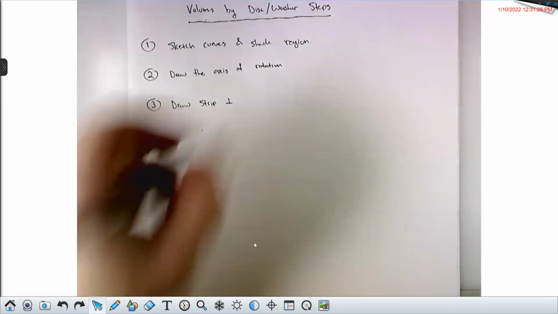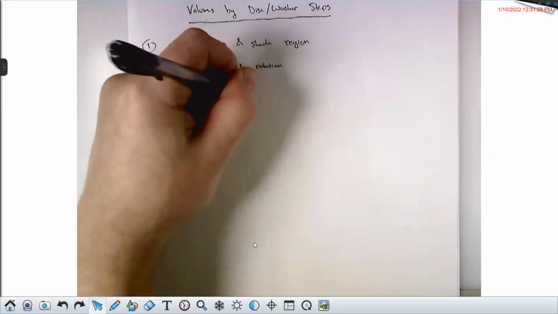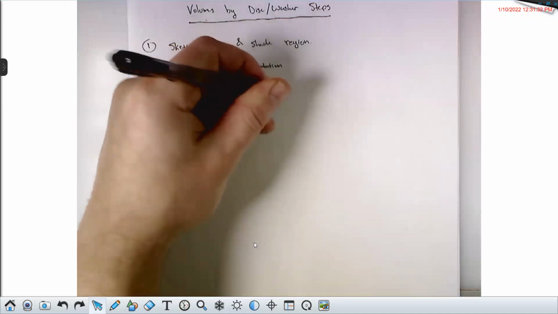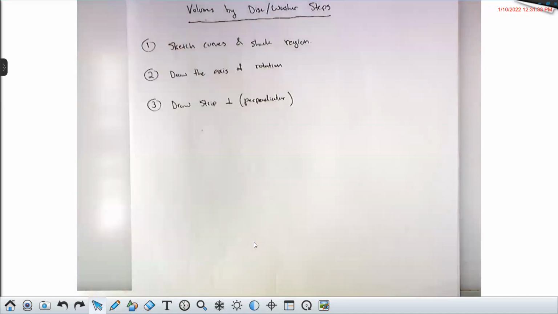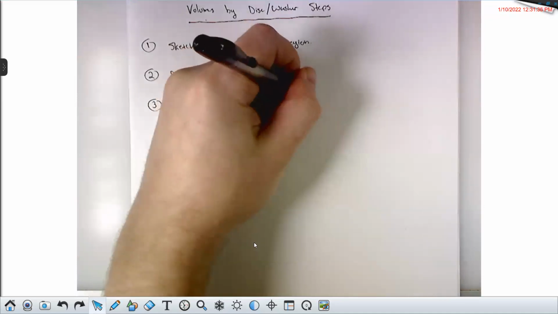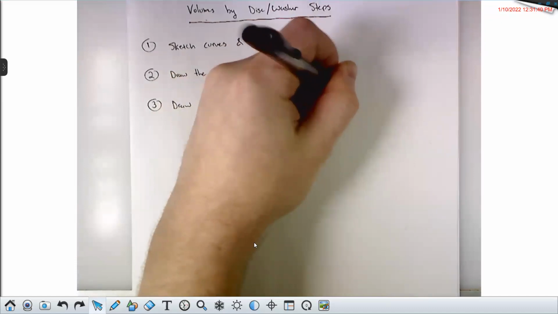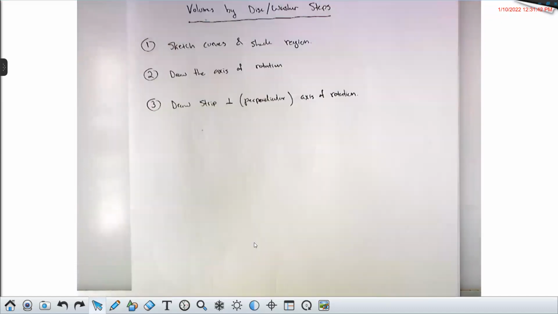Yeah, very good. It means perpendicular. You're going to draw in your strip perpendicular to the axis of rotation. So whatever your axis of rotation is, if that's a horizontal line, you're going to draw your strip vertically. If your axis of rotation is a vertical line, you're going to draw your strip horizontally.